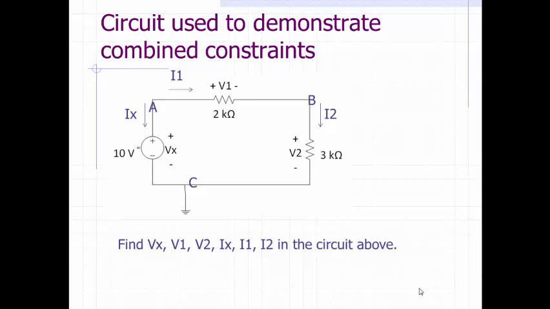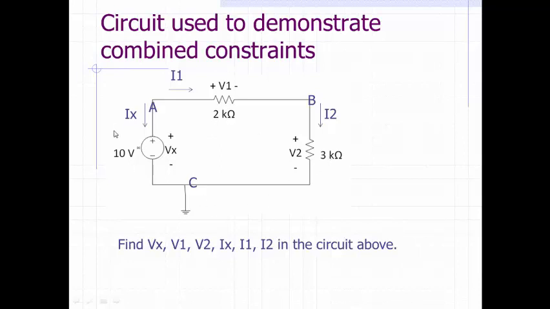Now let's look at another example. In this example, we have one voltage source, that is 10 volts, and 2 resistors. The 3 components are connected in series: 2K ohm, 3K ohm.